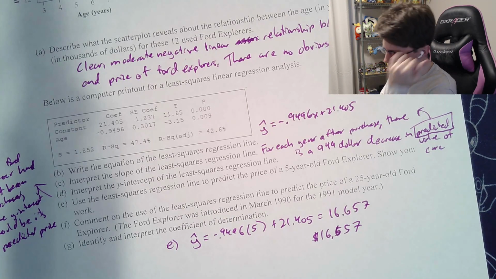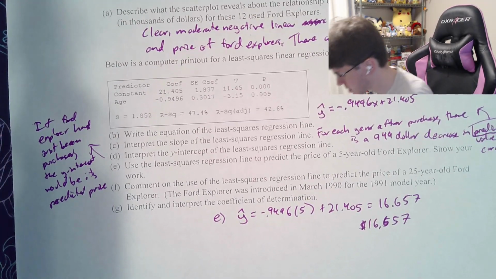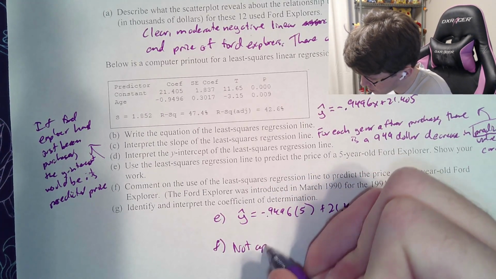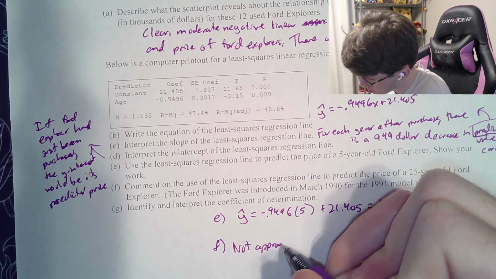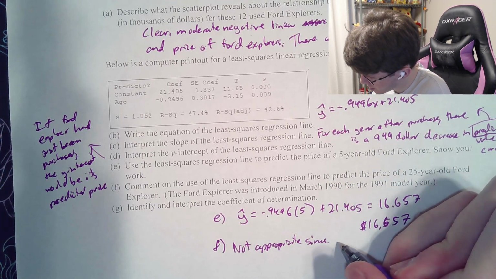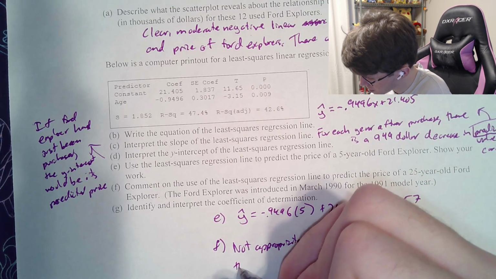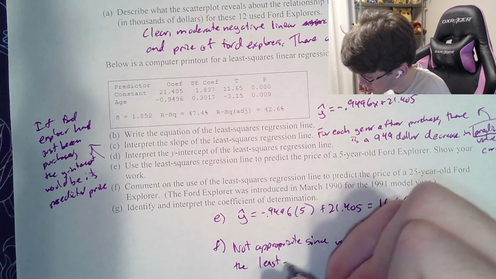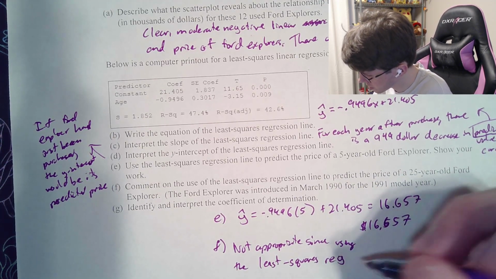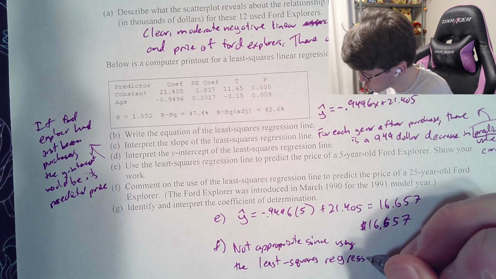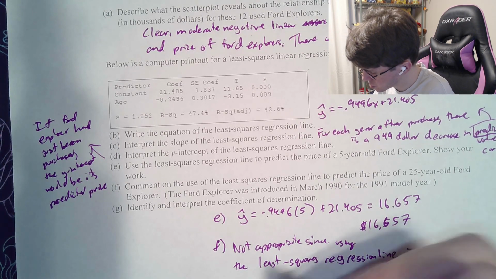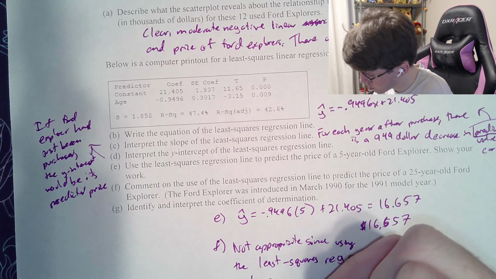Comment on the use of a least squares regression line to predict the price of a 25-year-old Ford Explorer. For F, not appropriate. Not appropriate since using the least squares regression line is only appropriate when within the domain of original values. I'm going to slow down my writing so you can actually read it.